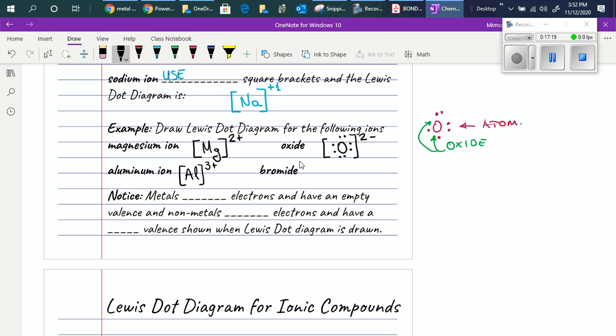And for bromine, which is in the 7th group, if we have an atom, bromine will have 1, 2, 3, 4, 5, 6, 7.